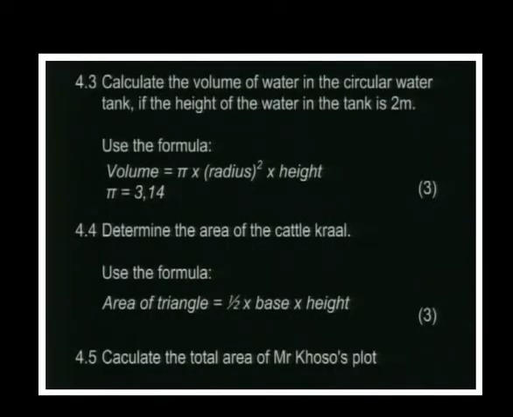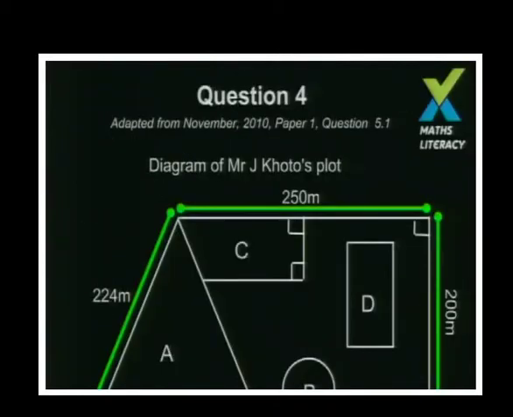Calculate the volume of water in the circular water tank, if the height of the water in the tank is 2 meters. Use the formula, volume equals pi times r squared times h. So we are now going to put this over here.